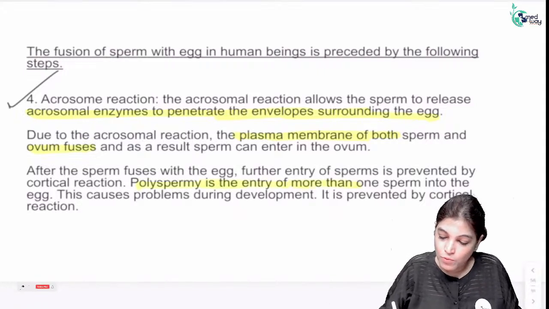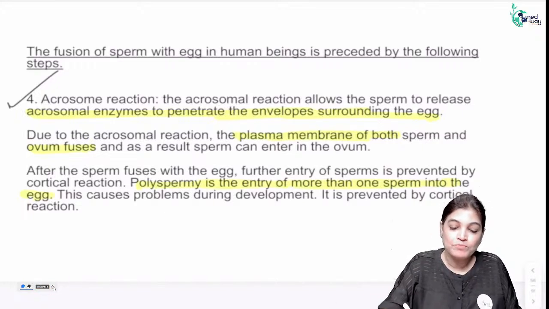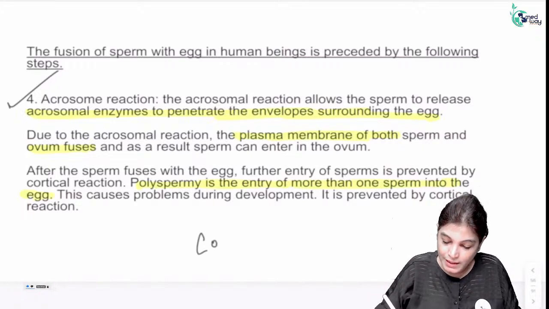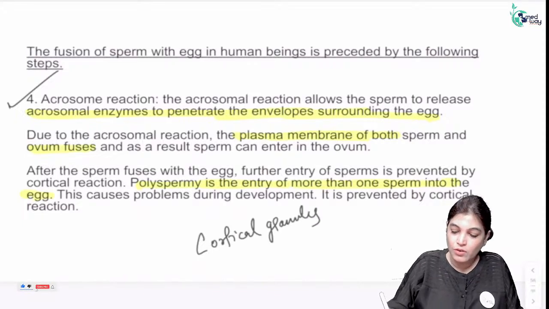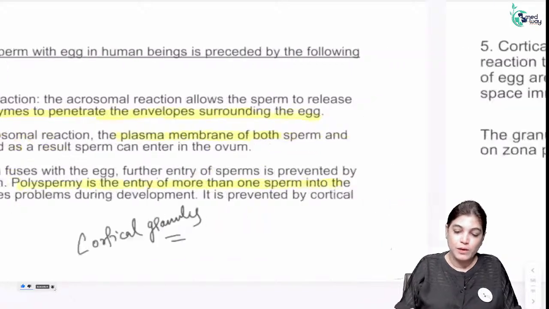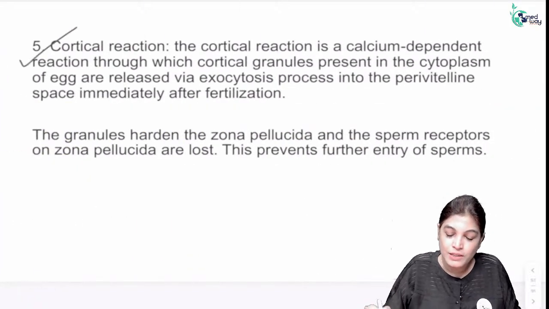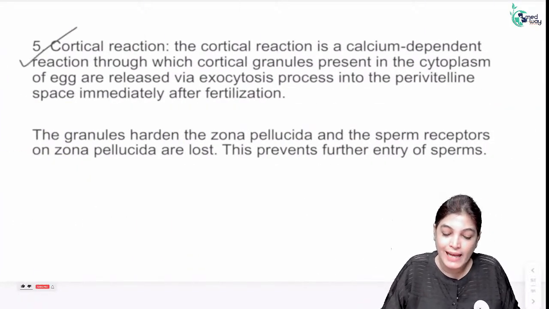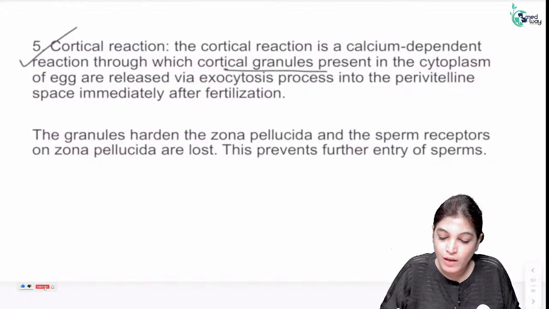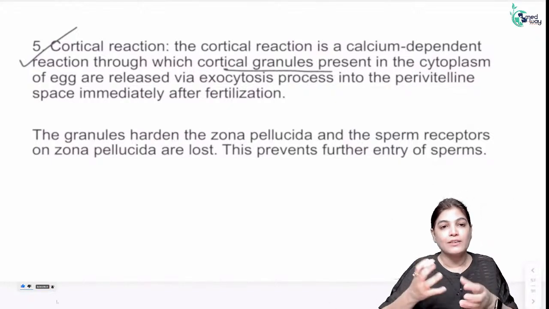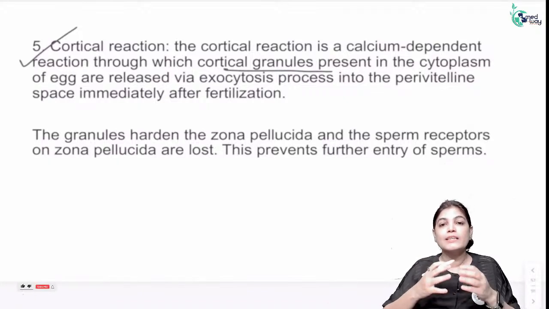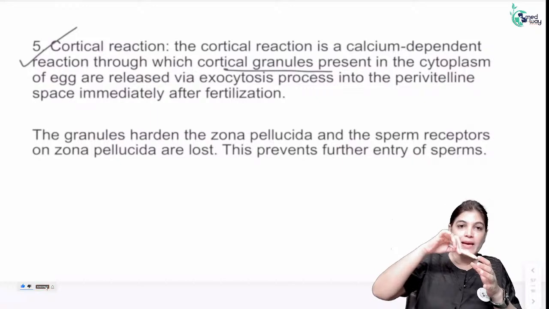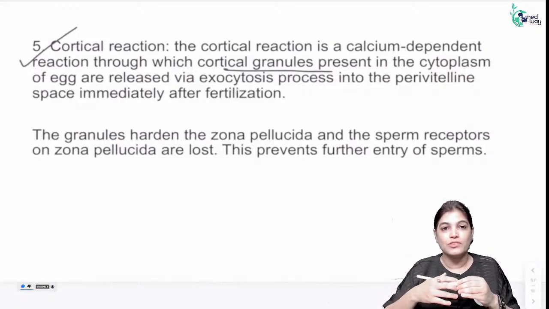Polyspermy is the entering of more than one sperm into the egg, and this is prevented by the step called the cortical reaction, the release of cortical granules. The cortical reaction is a calcium dependent reaction in which cortical granules present in the cytoplasm of the egg are released by exocytosis into the perivitelline space immediately after fertilization.